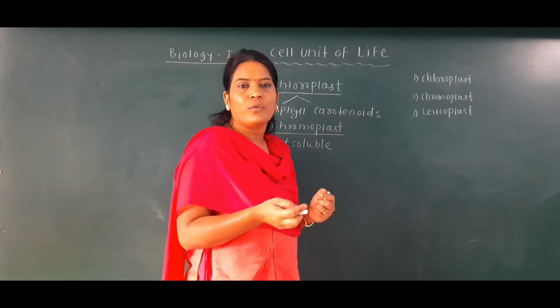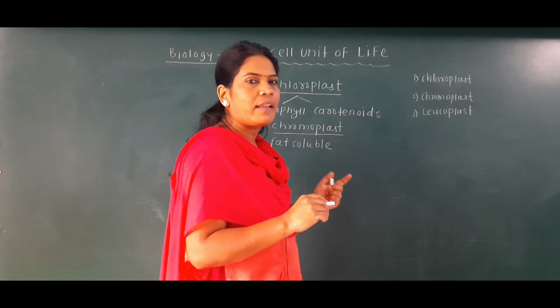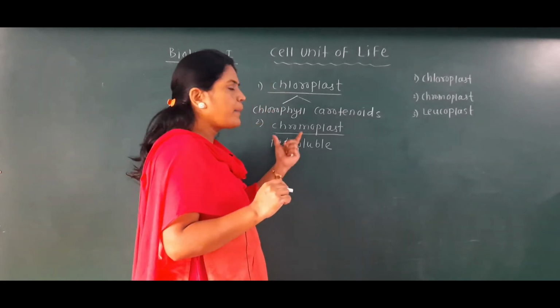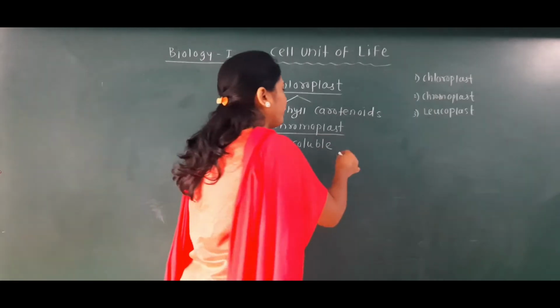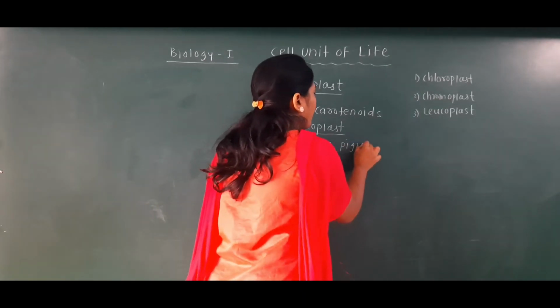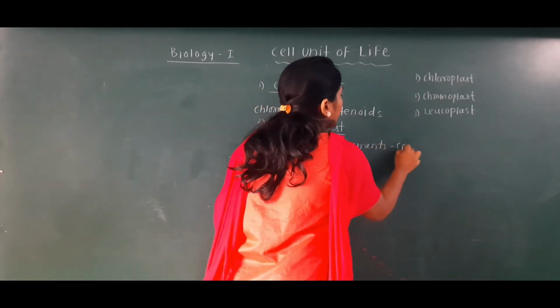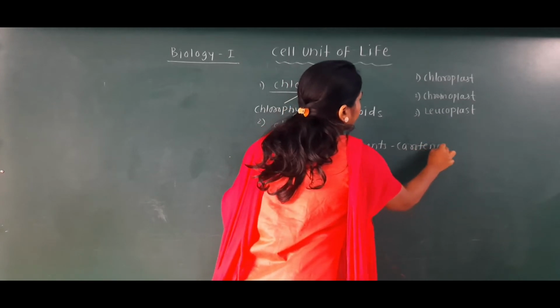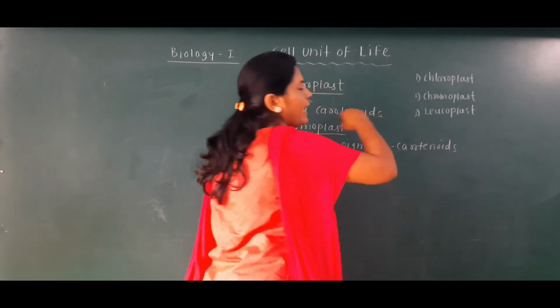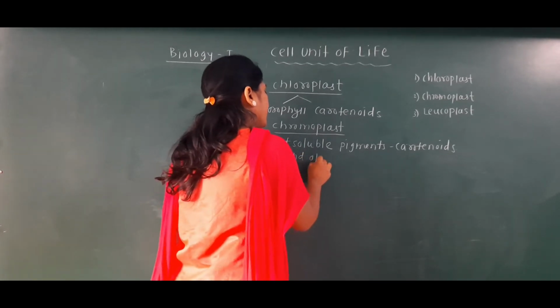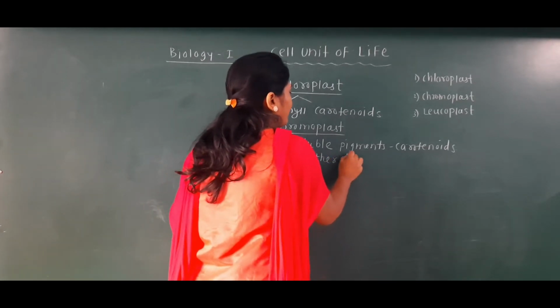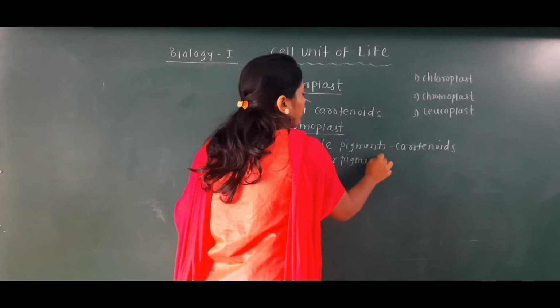They are not water soluble. So chromoplasts contain fat soluble pigments, which are called the carotenoids, and some other pigments.